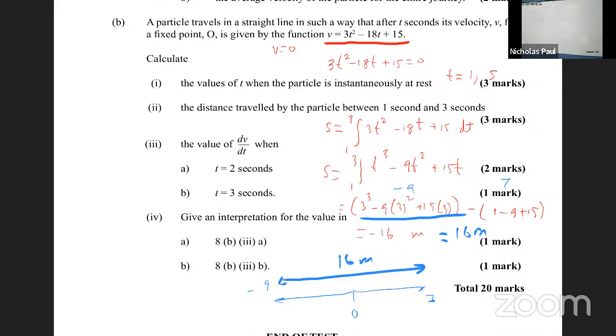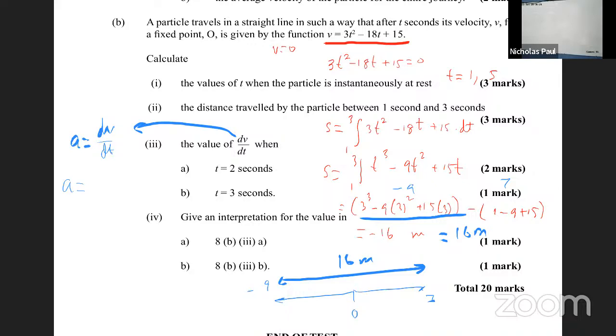What does dv/dt give you? What does dv/dt give you? dv/dt gives you acceleration.